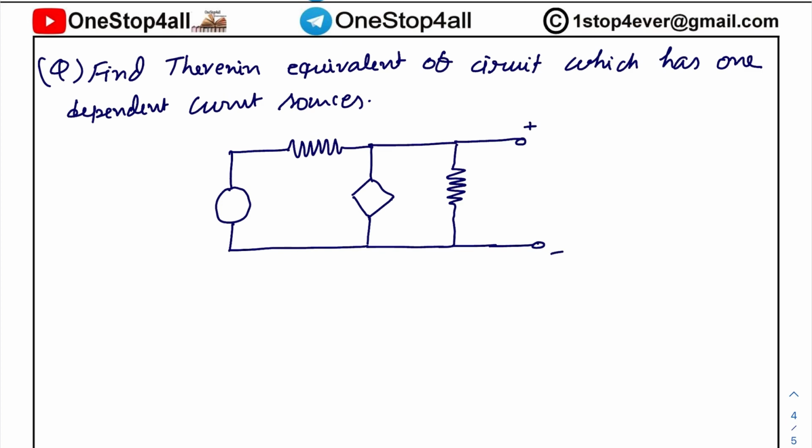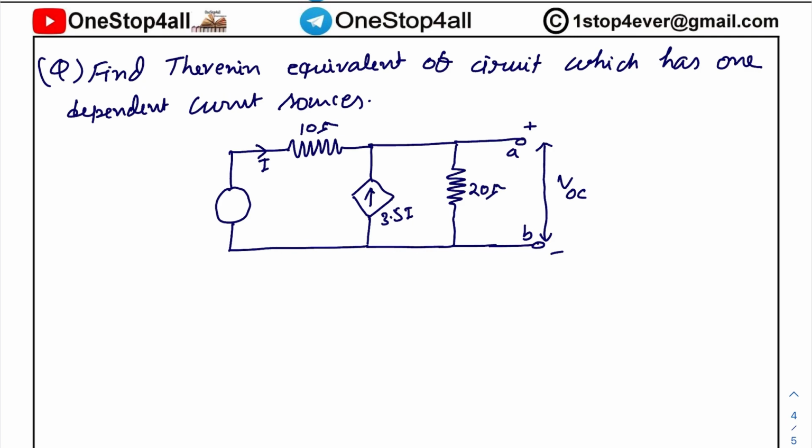Let this be the plus minus terminal and the terminals be named A and B. Okay, and this is your VOC, the open circuit voltage, and this is a 20 ohm resistance, and this is your current source of 3.5 I. Here I is the current in this branch, meaning the 10 ohm resistance branch is carrying the current I.